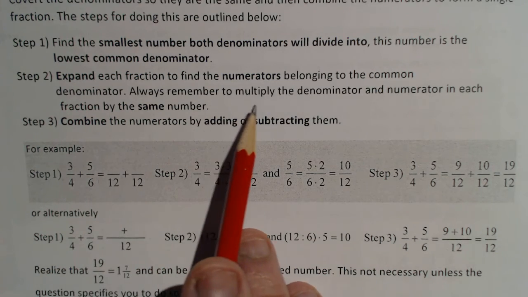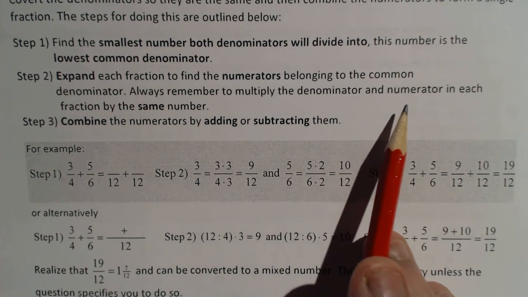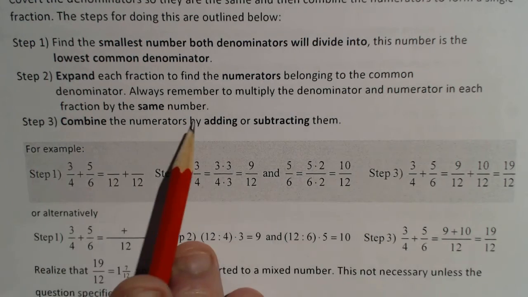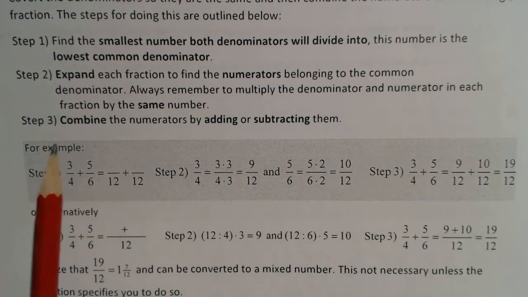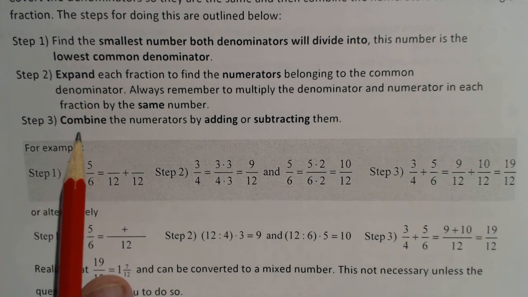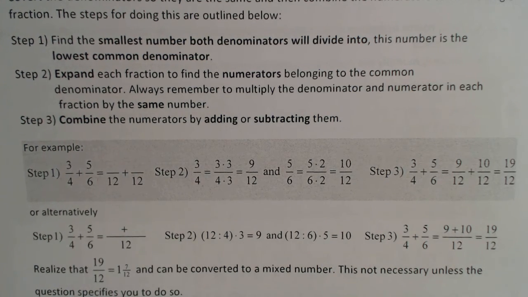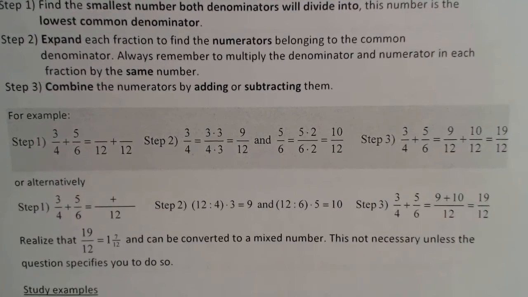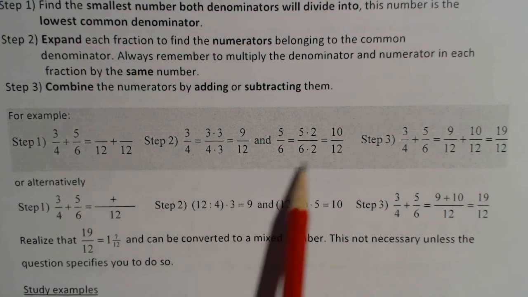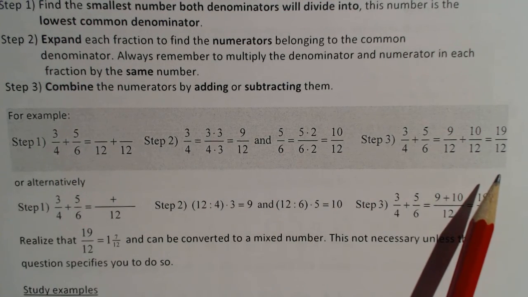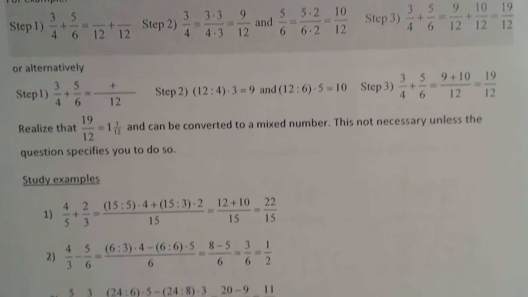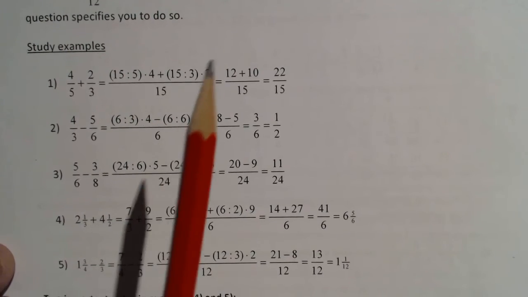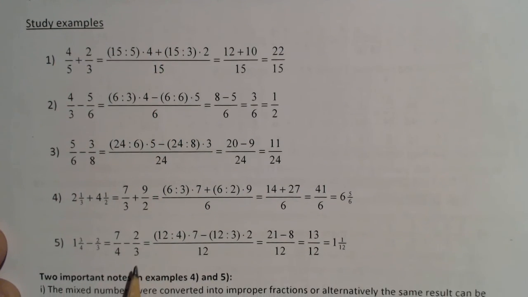Now always remember to multiply the denominator and numerator in each fraction by the same number. And then step 3, combine the numerators by adding or subtracting them. And there we are, there's the example there which we did. And there are more study examples there which you can follow in your notes.